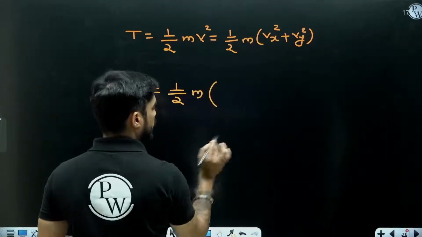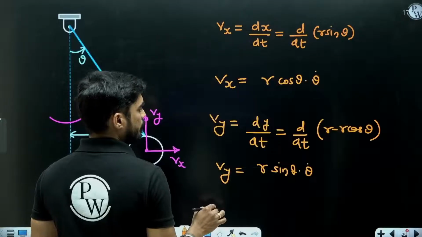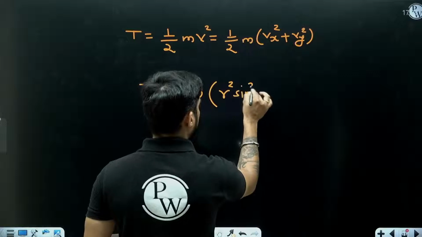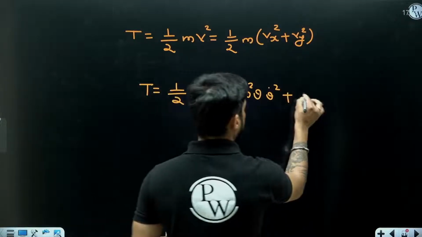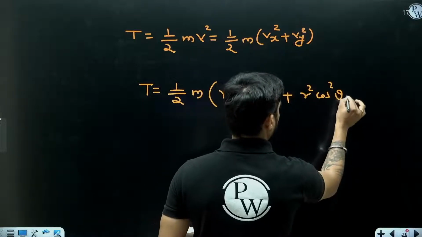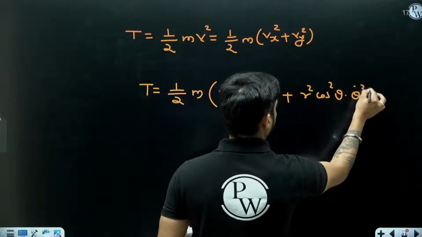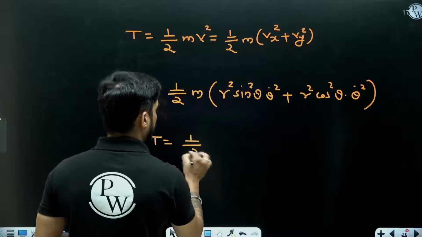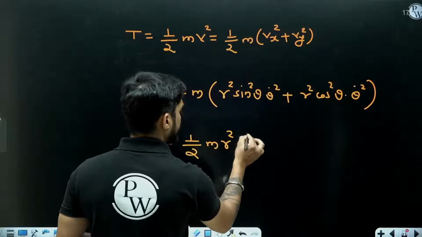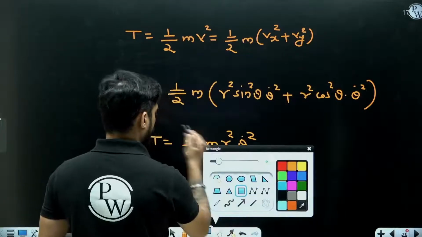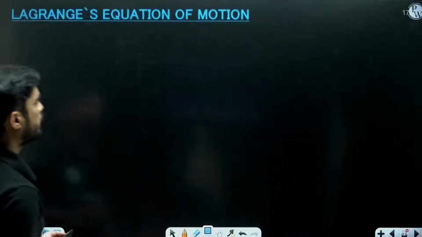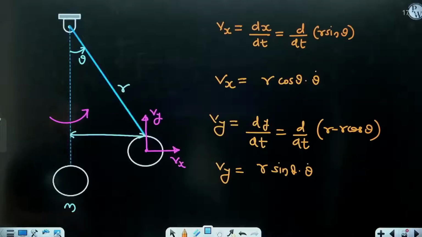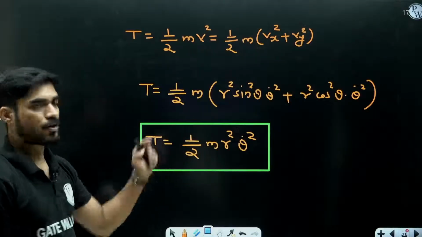So if I put the value, what will I get? r square sin square theta theta dot square plus r square cos square theta theta dot square. Sin square theta plus cos square theta will become 1. So ultimately you will get this. Now you can see that here also you are getting the same equation, half m theta dot square r square.